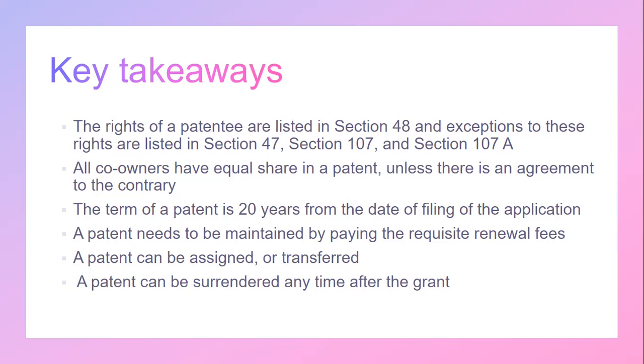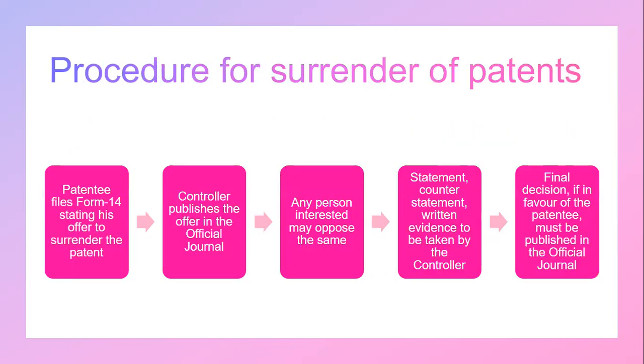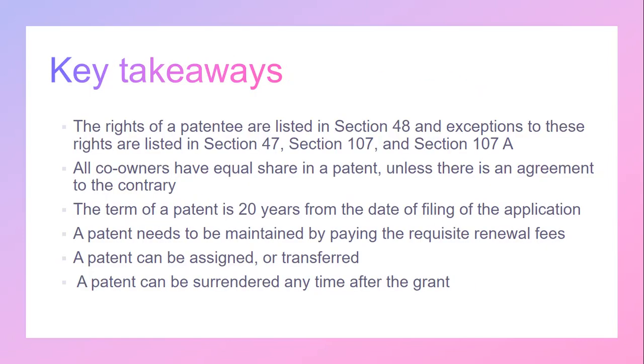I'll check and get back to you. Let me just check. I will check if there is any timeline on filing the opposition. But surrendering can be done at any time.